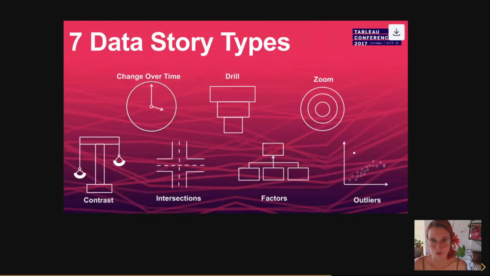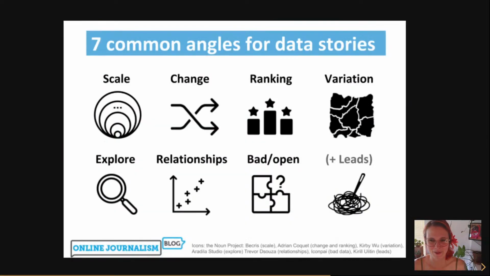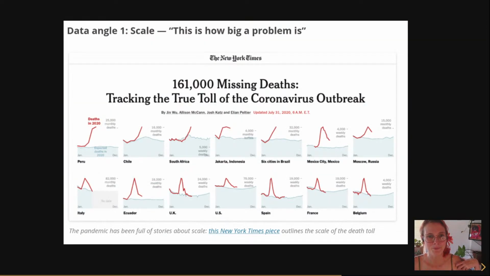But according to the Tableau people, we have zoom and drill, intersections and factors, and they share change over time, outliers, and otherwise I think contrast maybe as well. So there are different approaches to how to find a story. As I said, I linked everything in the presentation, so you can read about it yourself if you like. I'm not going to go into it very deeply.